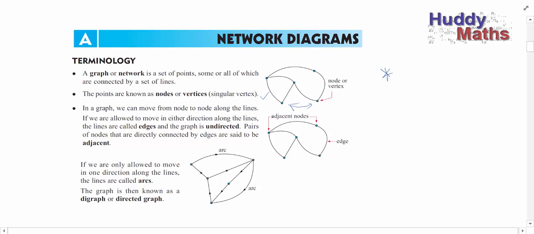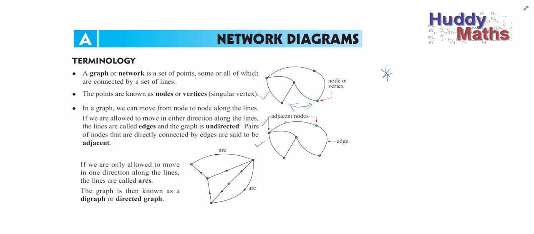So here we have edges, which are the lines connecting the points, and they could be undirected. Undirected means you can go either way, and directly connected edges are said to be adjacent. So if you can connect them directly, they're said to be adjacent nodes.